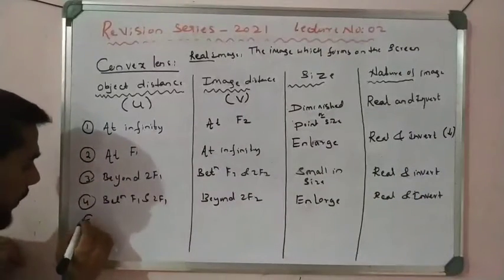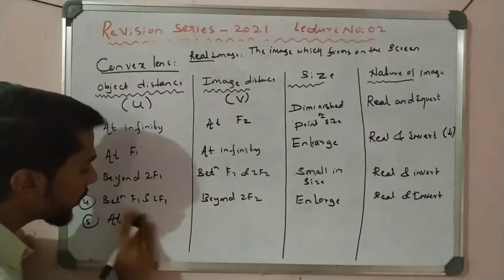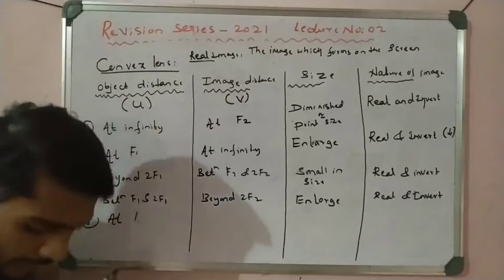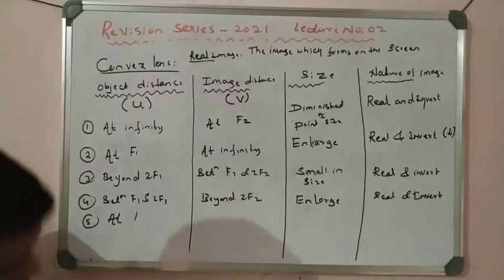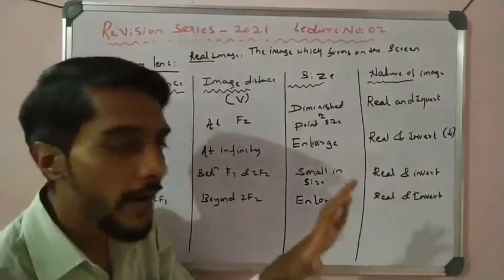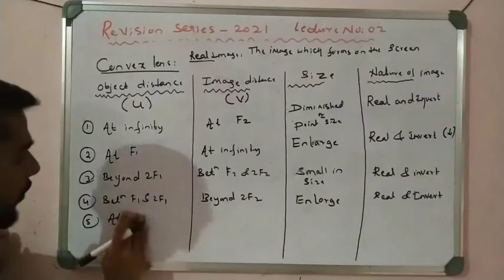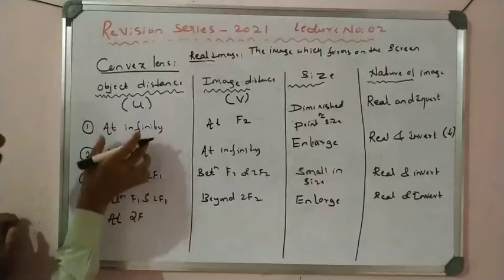So next case. Now I come to at F1, or I can take, okay, at F1. If I put an object exactly at F1. Sorry students, I take 2F1, not F1, F1 is over.